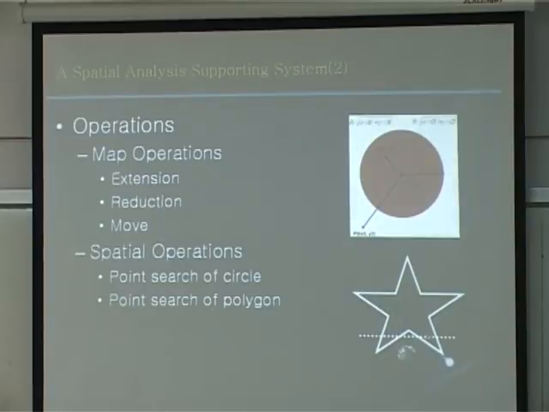And for the spatial operation, first the circular system, we use the Euclidean method. Now our first image shows the point over circular point search of the circular method, and the second spatial operation is polygon operation.